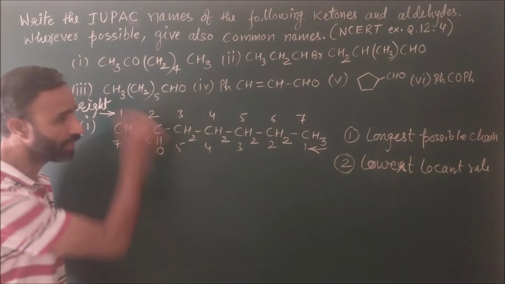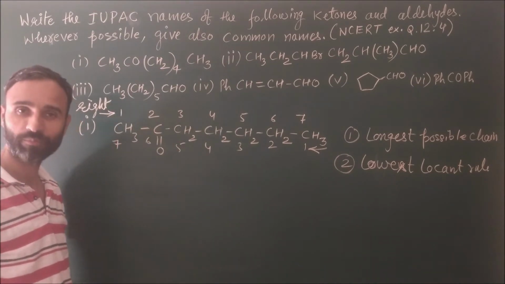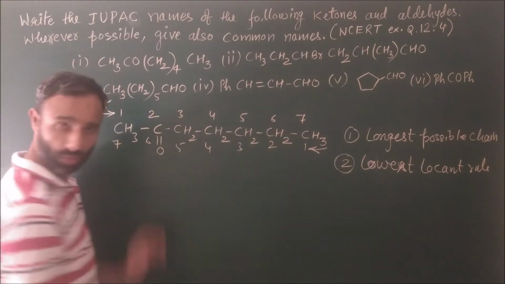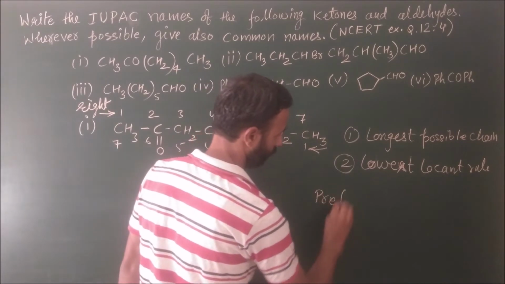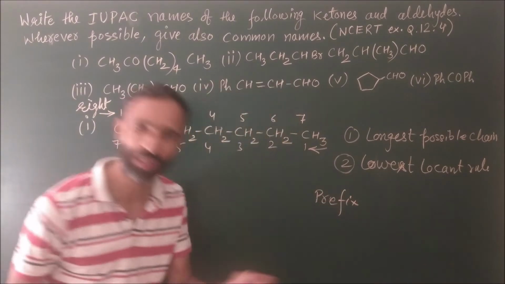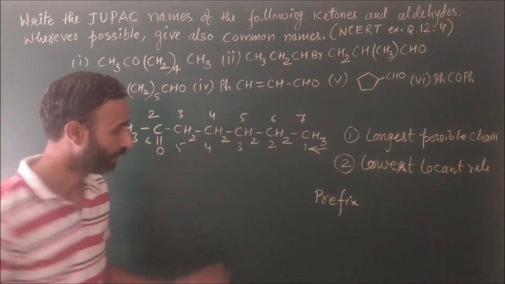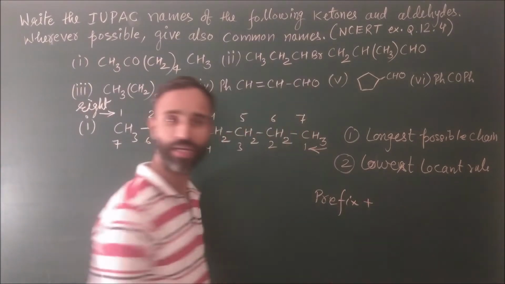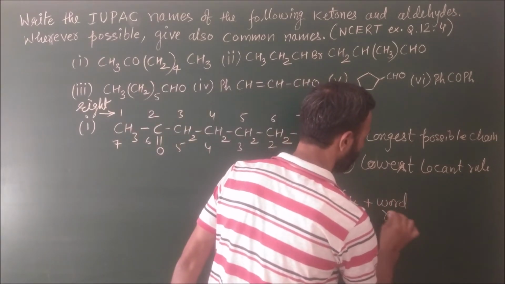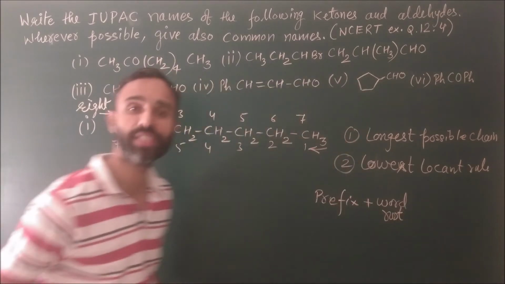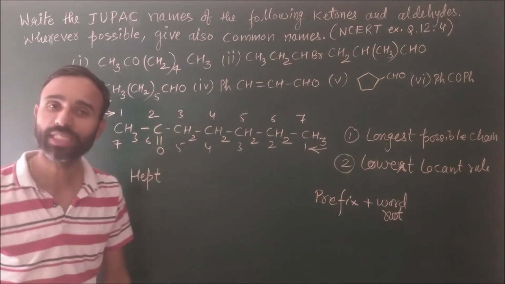Okay, so what is the name of this compound now? First of all, we write the prefix, which means any substituent. In this case, there is no substituent. Second is the word root. Word root is hept.